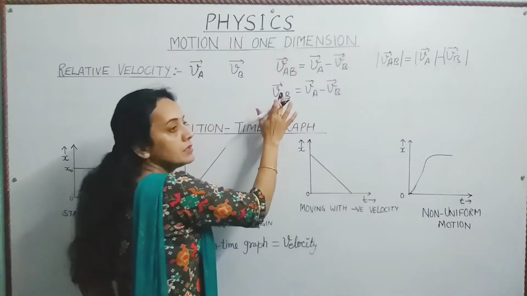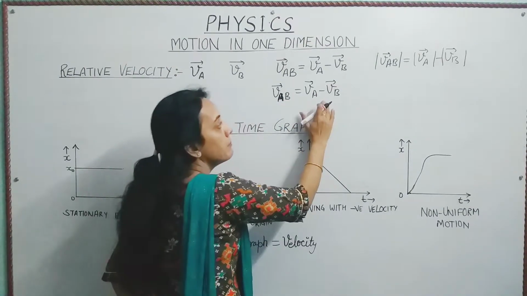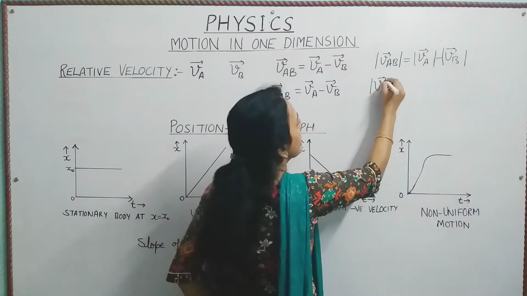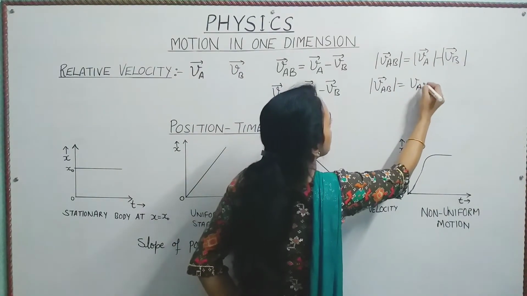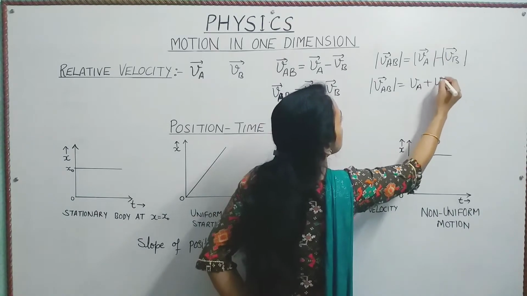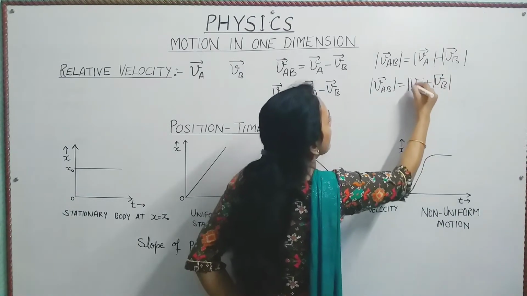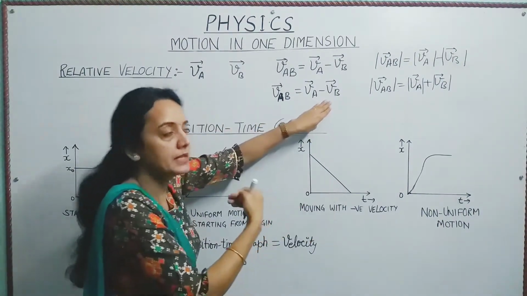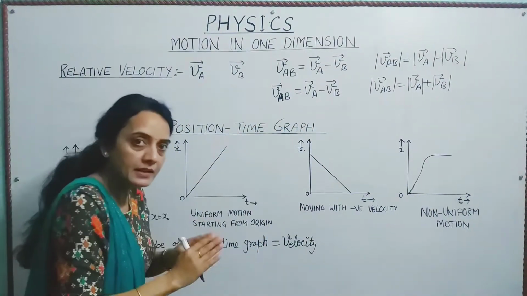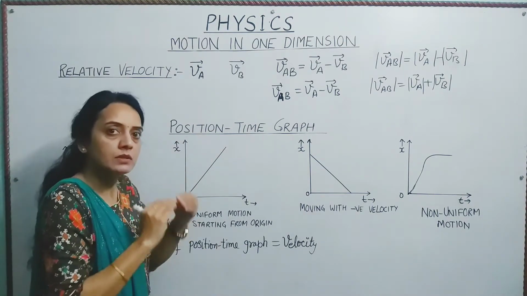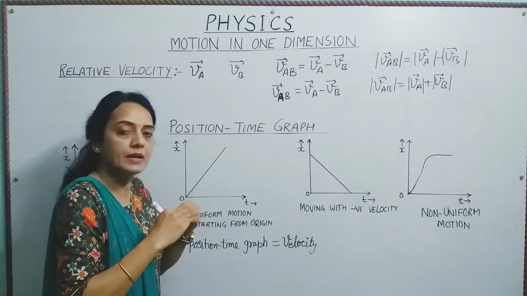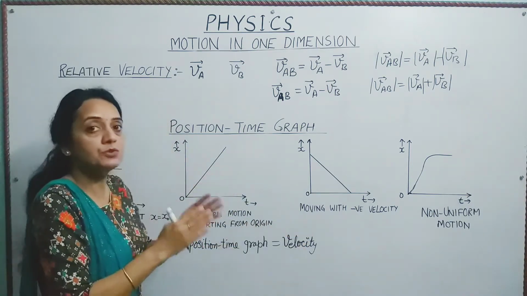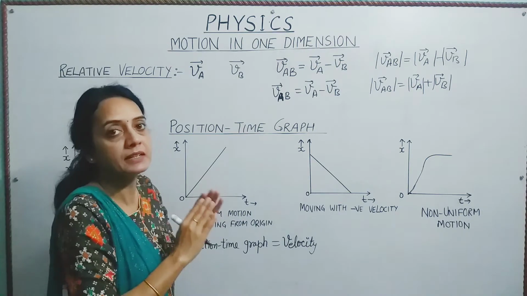A with respect to B is always VA minus VB, but the magnitude will change and will come out as VA plus VB, because VB is in the opposite direction of A. Relative means finding the velocity of one object with respect to the other, and in this you have to take into account their directions.